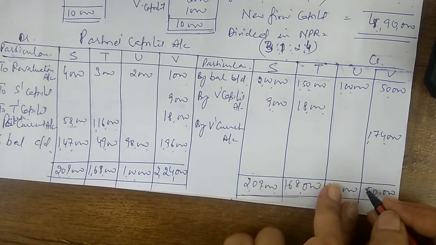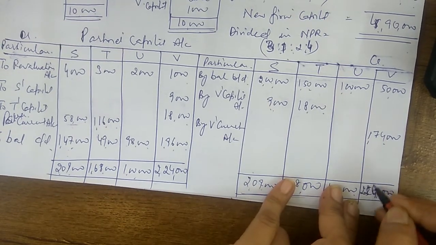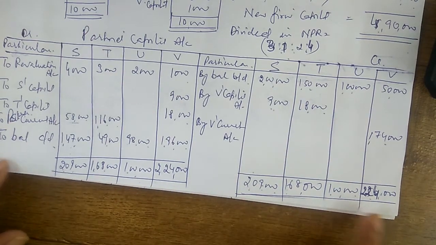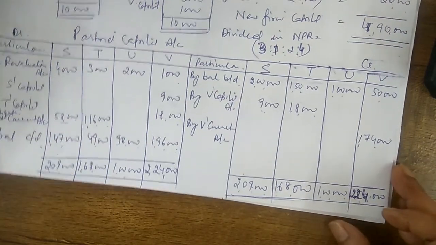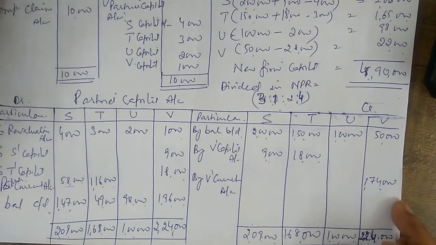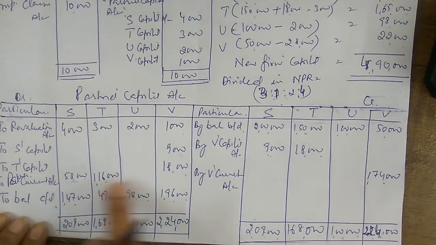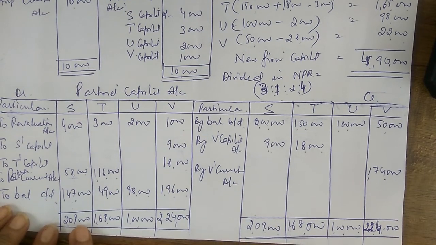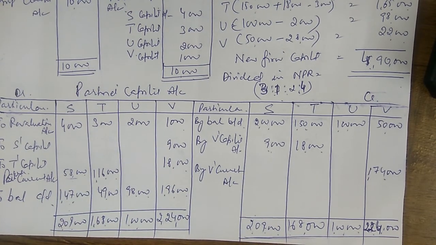The total will be 2,24,000. Both the total should be equal to each other. Clear है बच्चे? इसको एक बार आप देखें. So this is how we have put the adjustment of capital in the partner's capital account. Clear है? Just once you see yourself.